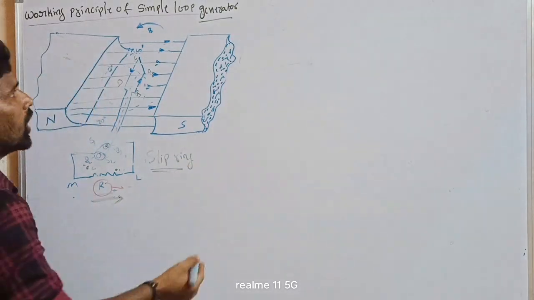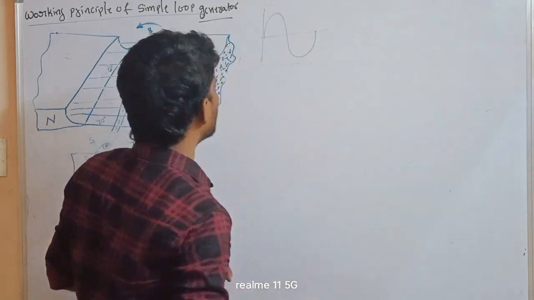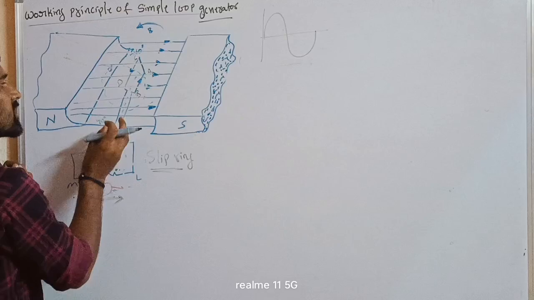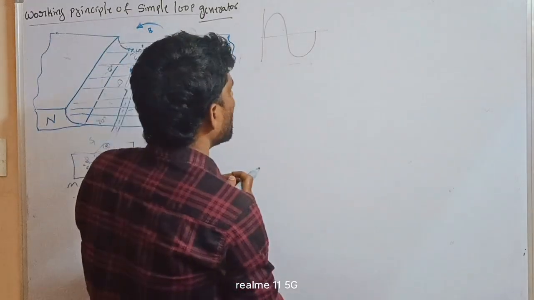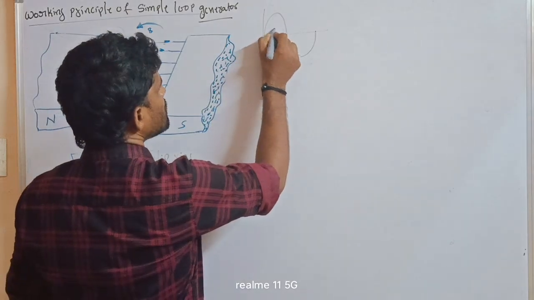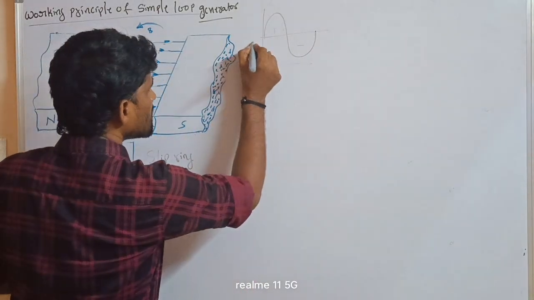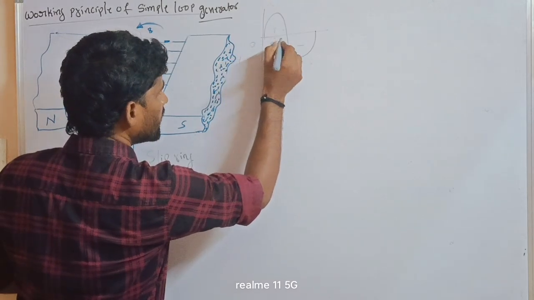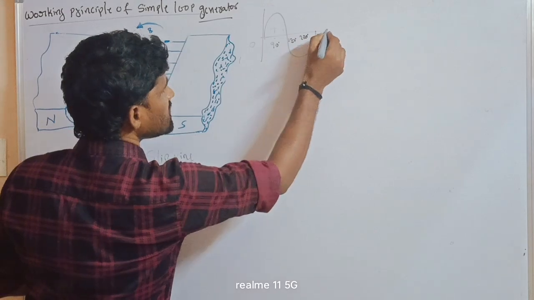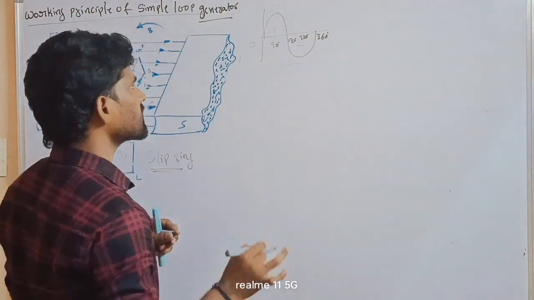The armature is producing the output. There is the field winding and the armature winding, and the armature winding is placed in the coils. The armature generally produces AC current, positive and negative, over 0, 90, 180, 270, 360 degrees.